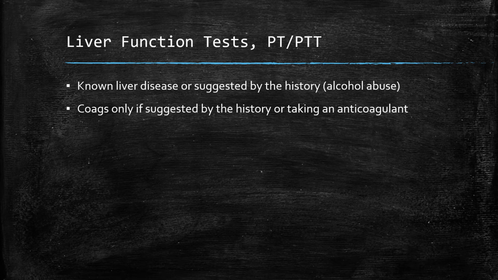Liver function tests only need to be ordered if the patient has known liver disease or if liver disease is strongly suggested by the history. Let's say the patient has a history of alcohol abuse. Likewise, coagulation tests only need to be ordered if the patient has a known bleeding disorder or if they have a history of liver disease or if they're taking an anticoagulant like Coumadin.